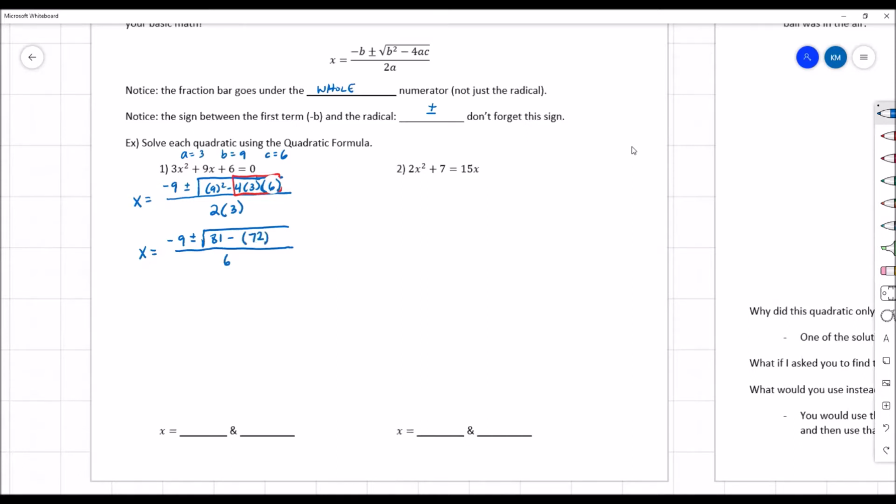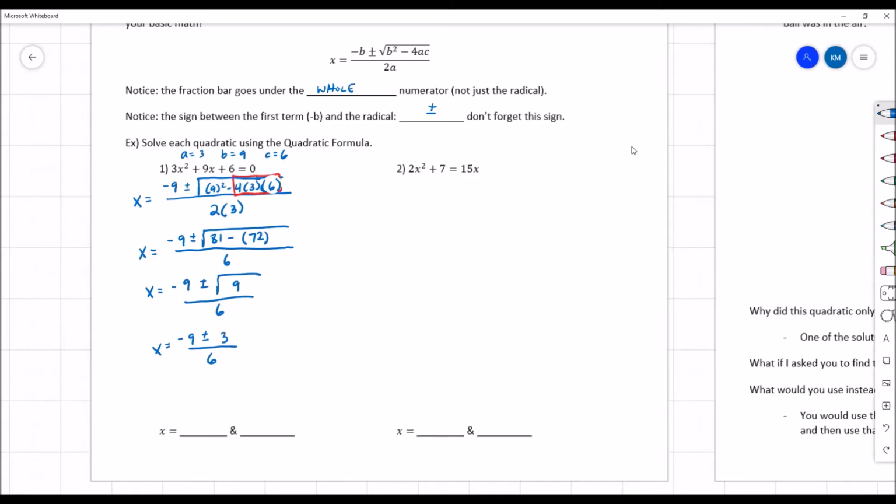All right, so now we've got that done. We're going to simplify inside this radical, and we have x equals negative 9 plus or minus the square root of 9 over 6. Okay, simplifying square root of 9, negative 9 plus or minus 3 over 6.